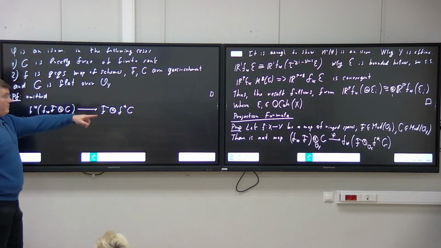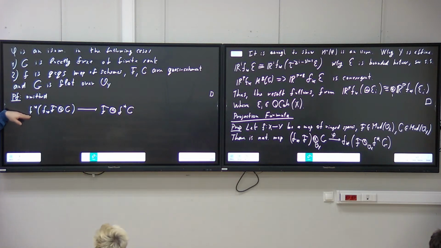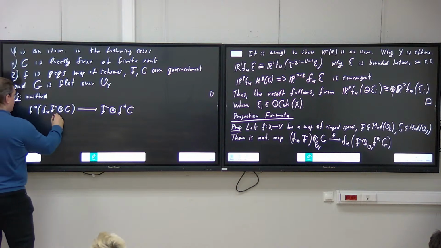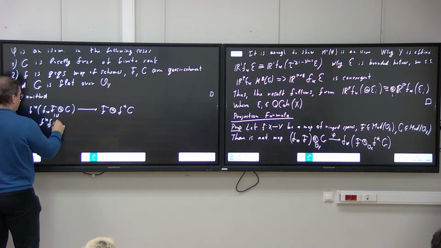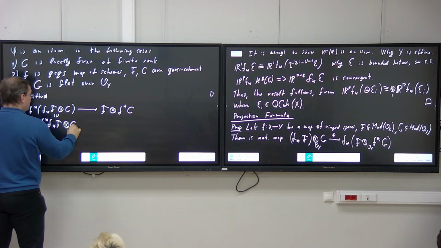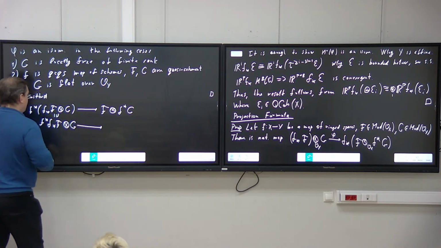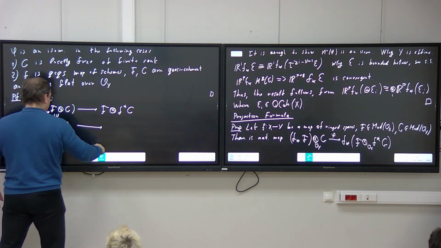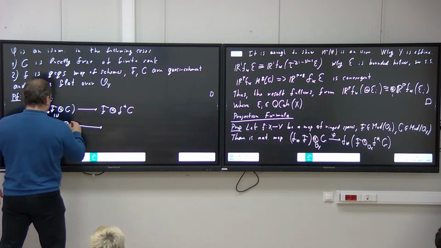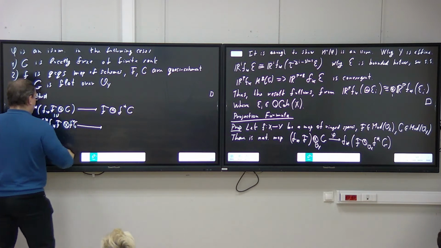So producing that map phi is the same as producing this map. But this is isomorphic to f upper star f lower star of F, tensor product with f upper star G, and then just adjunction.